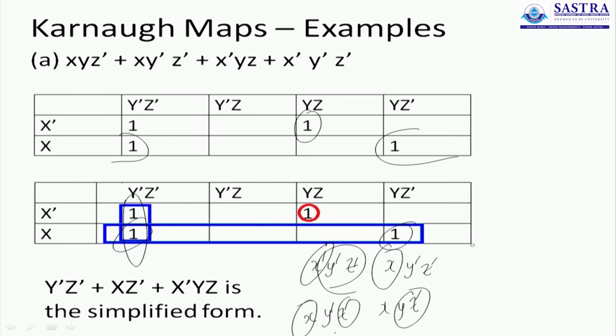Whatever is not common, flip it. y and y bar neutralize each other and you have only x, z bar. And this last one cannot be grouped with anything else, so you leave it as it is, x bar, y, z.